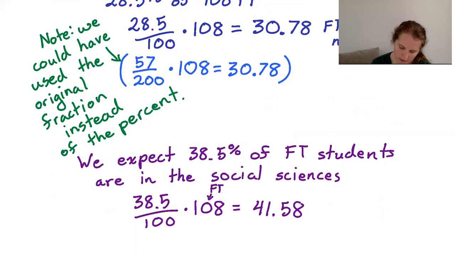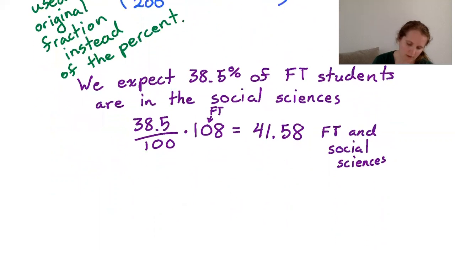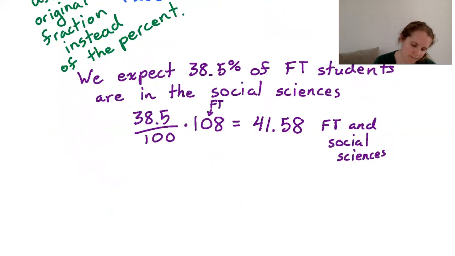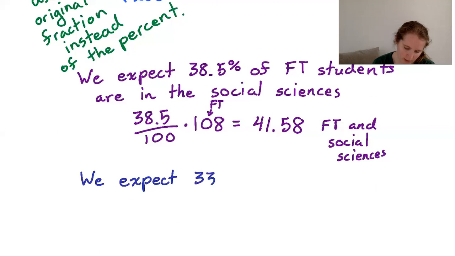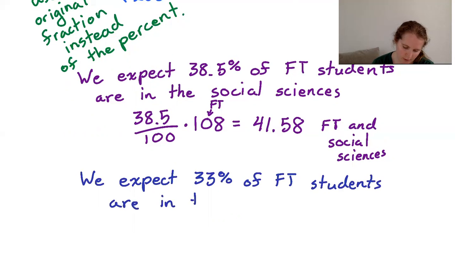Again, this is for full-time and social sciences. We expect 33% of full-time students are in the humanities.